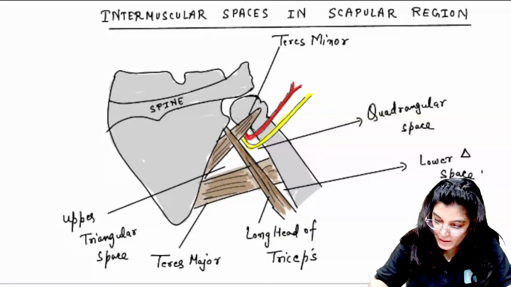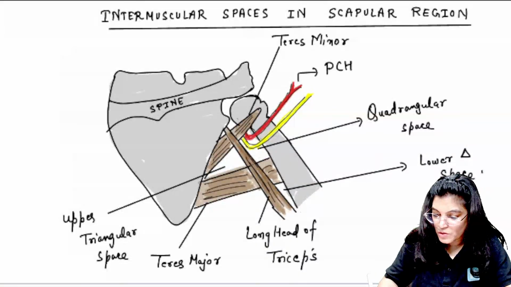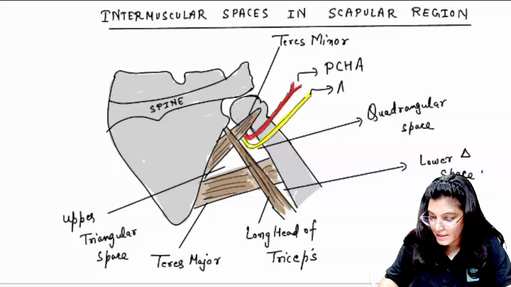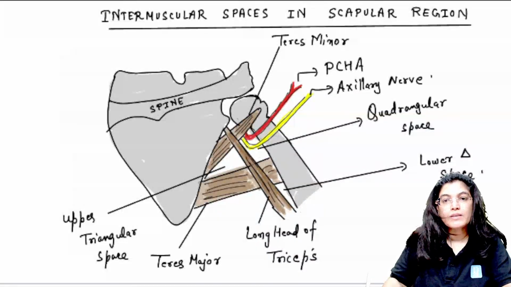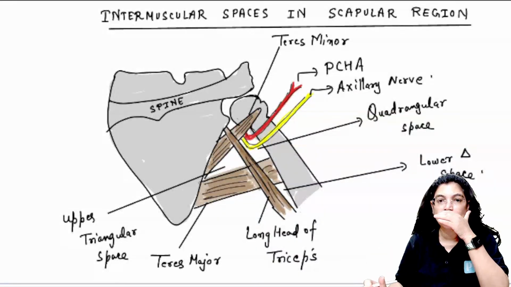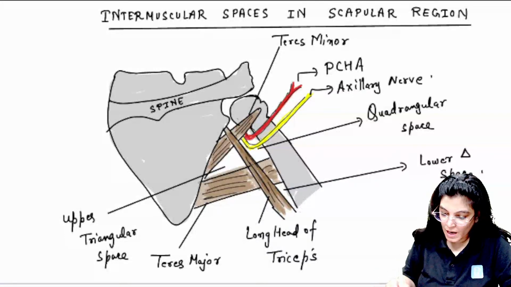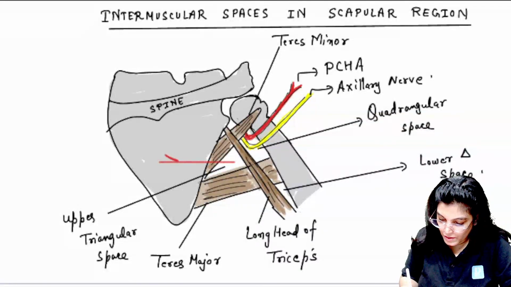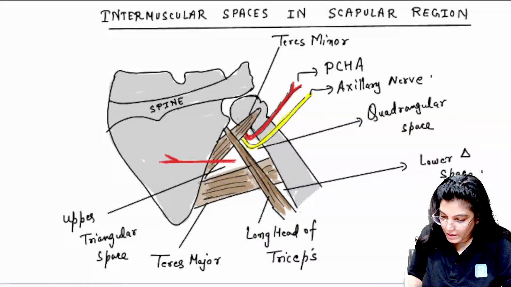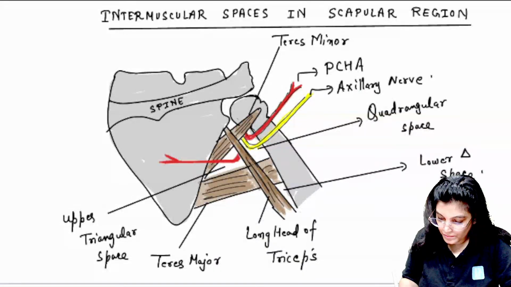So let's label it now. The artery is posterior circumflex humeral artery and the nerve is axillary nerve. So these are the two structures traversing the quadrangular space. Through the upper triangular space, as you can see here, the artery traversing is the circumflex scapular artery. Which artery? The circumflex scapular artery.